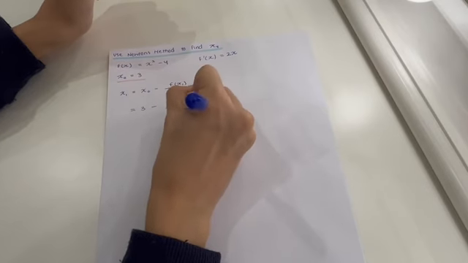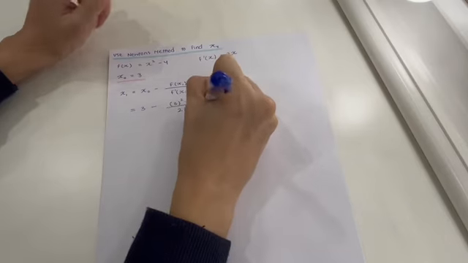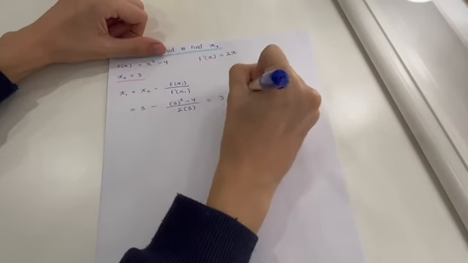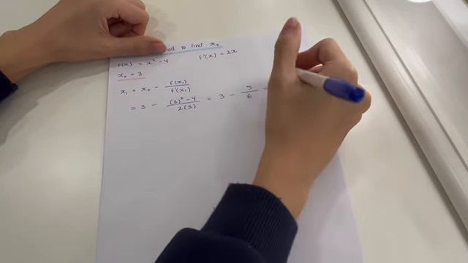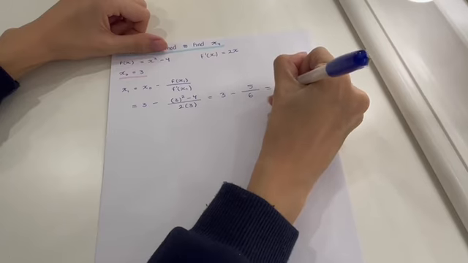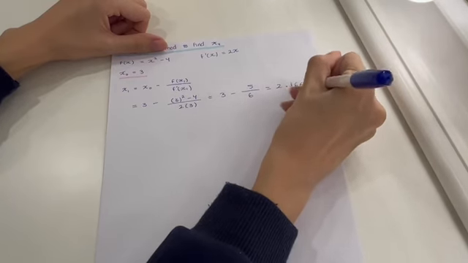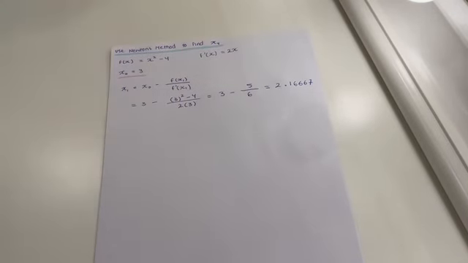So we write 2 and then our x, which is 3. Here our answer is going to be 3 minus 5 over 6, which is also equal to 2.1666667. If you do this on the calculator, you're going to get the same answer.